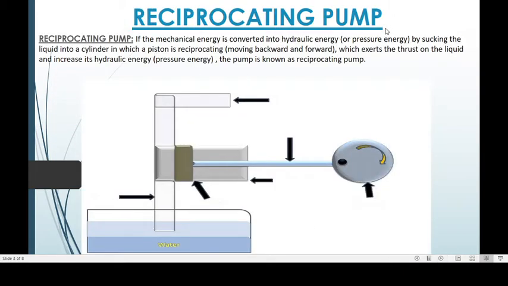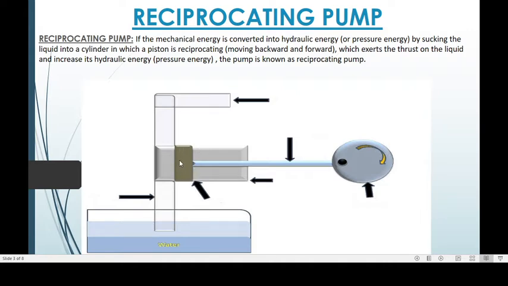Next, what is a reciprocating pump? If the mechanical energy is converted into hydraulic energy by sucking the water or liquid into a cylinder, in which a piston is reciprocating.